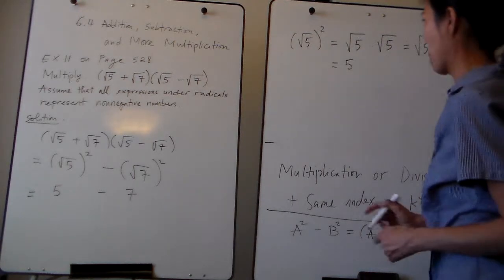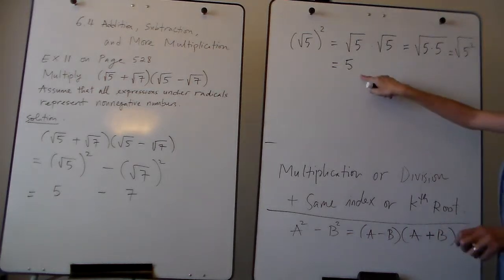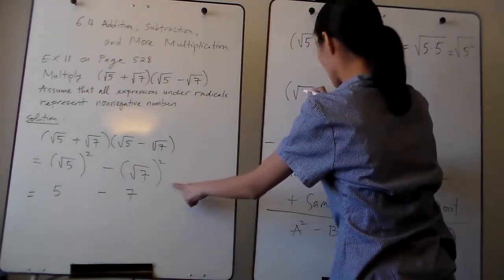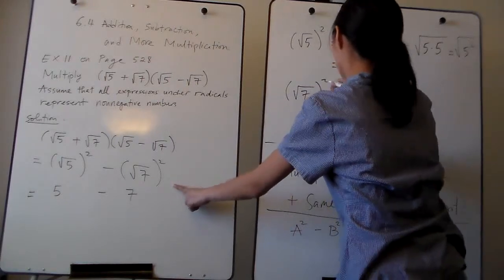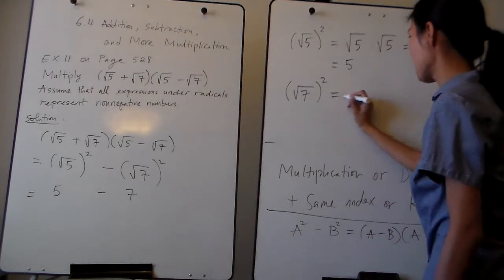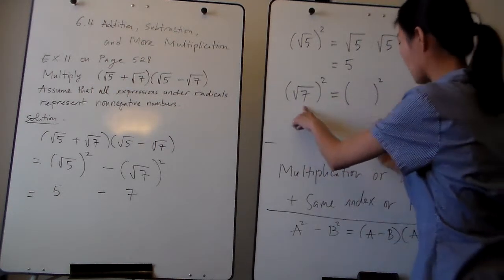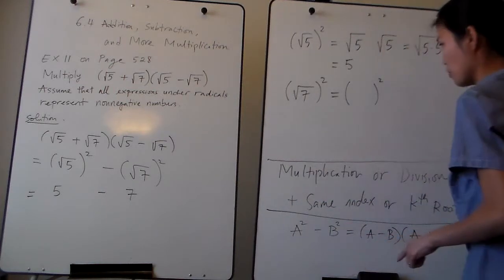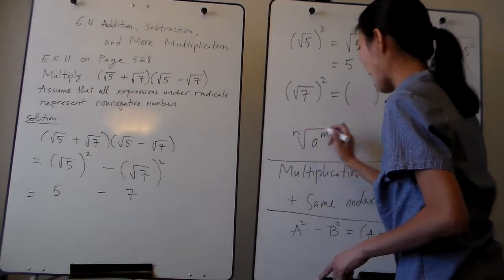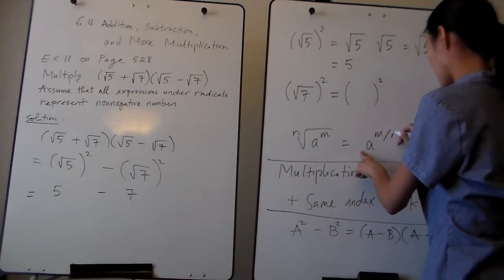For the 7, you can use the same method and get the same answer, but I'm going to show you a different way. If you recall, we learned how to convert a radical using the formula: a raised to the m, take the n-th root, is equal to a to the m divided by n.